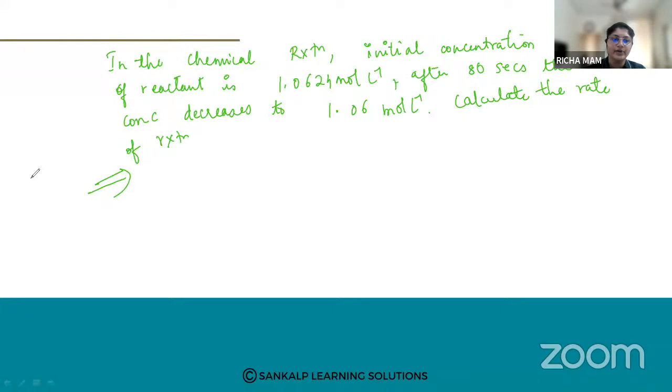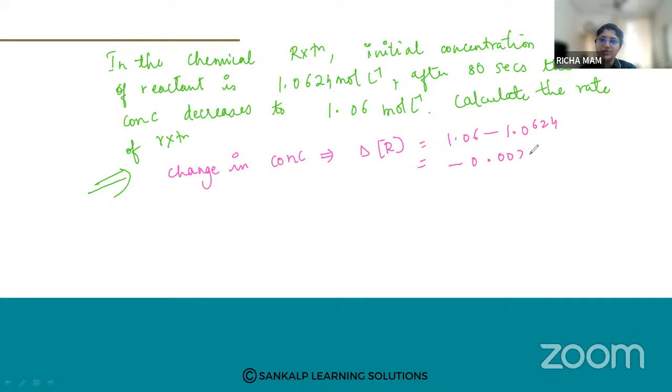How are you going to calculate it? First, we take the change in concentration. The change in concentration, delta R, will be 1.06 minus 1.0624, that is minus 0.0024 mole per liter.